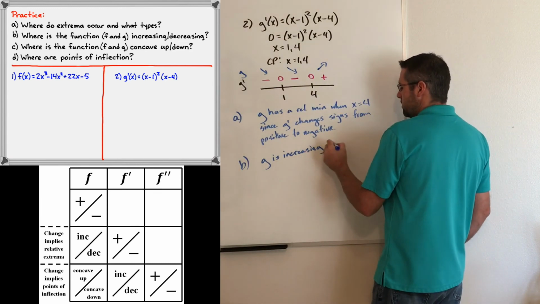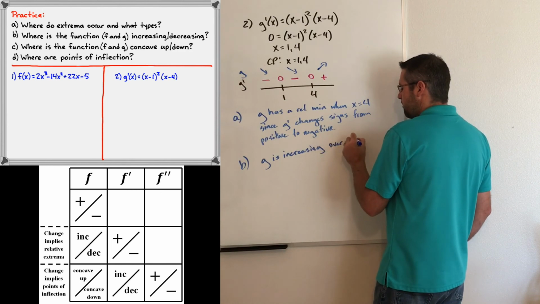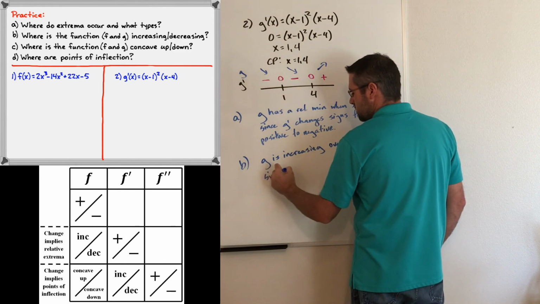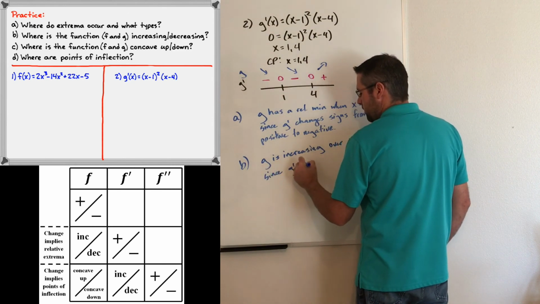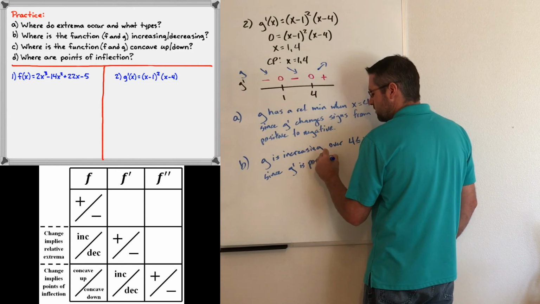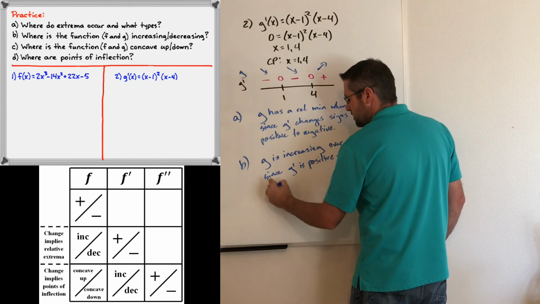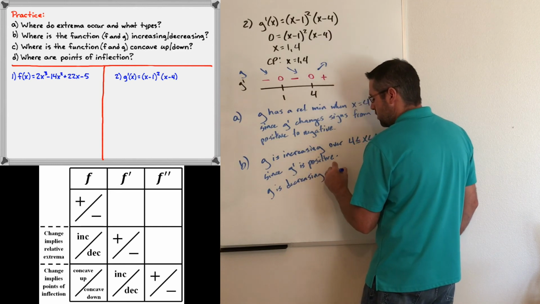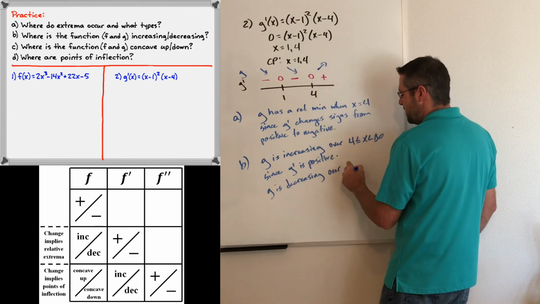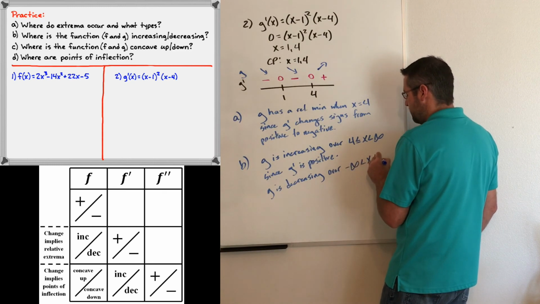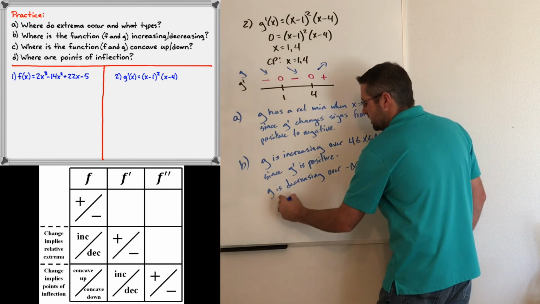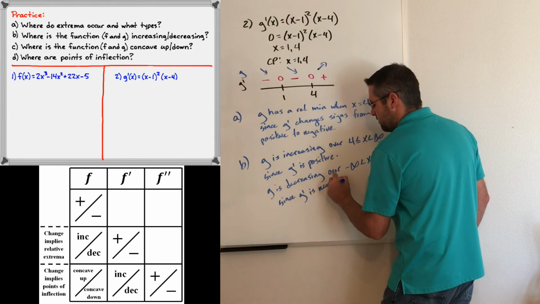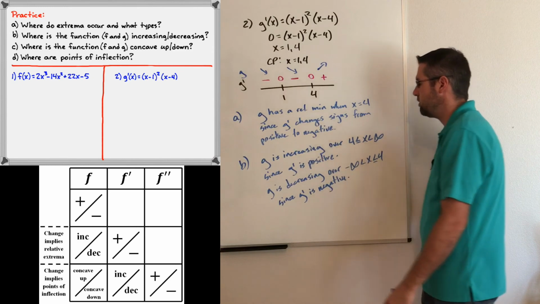So g is increasing over 4 less than or equal to x less than infinity, since g prime is positive, and g is decreasing over negative infinity less than x less than or equal to 4 since g prime is negative. That's the simplest way of justifying it.